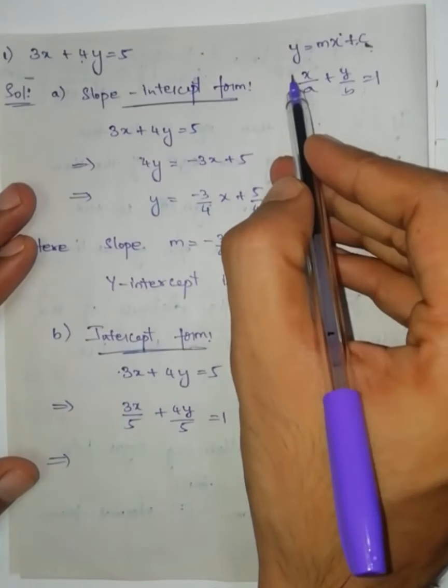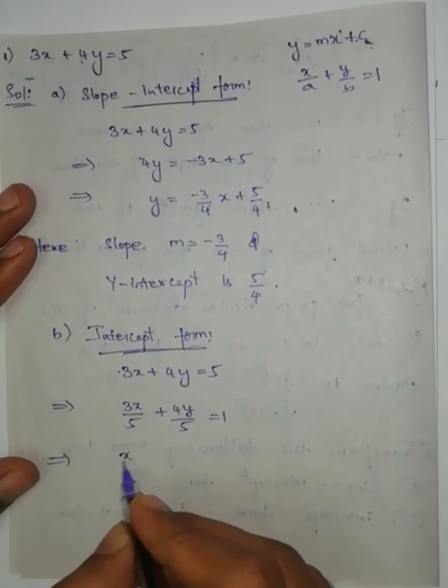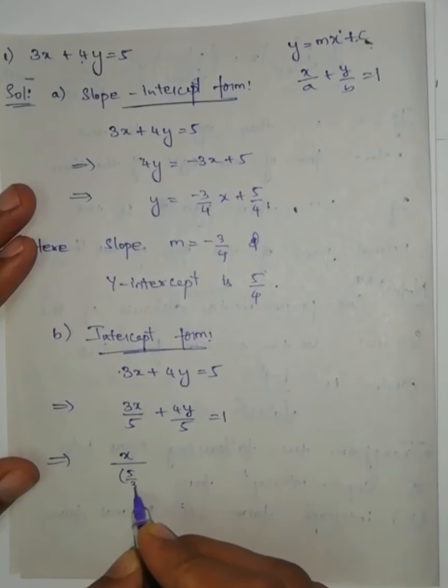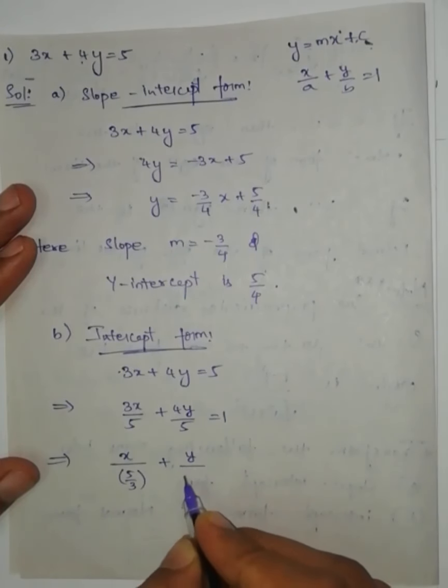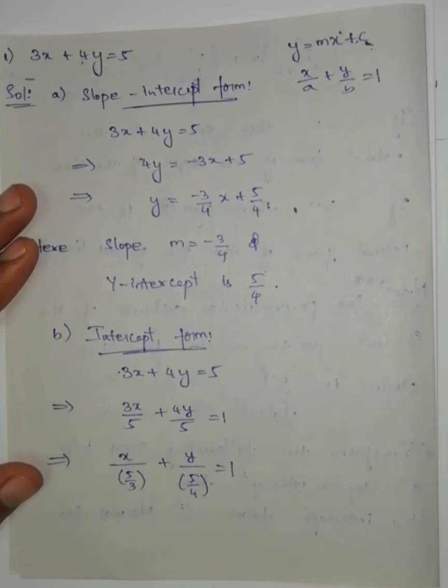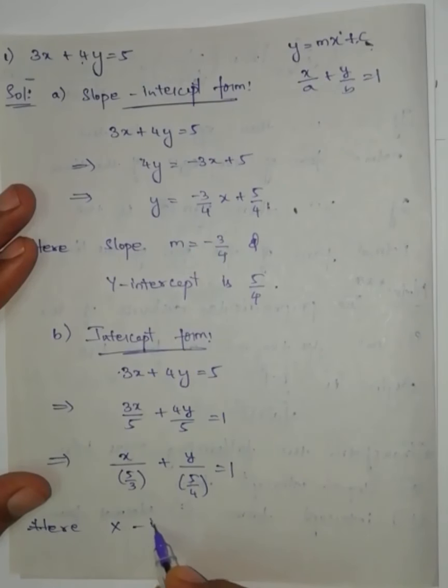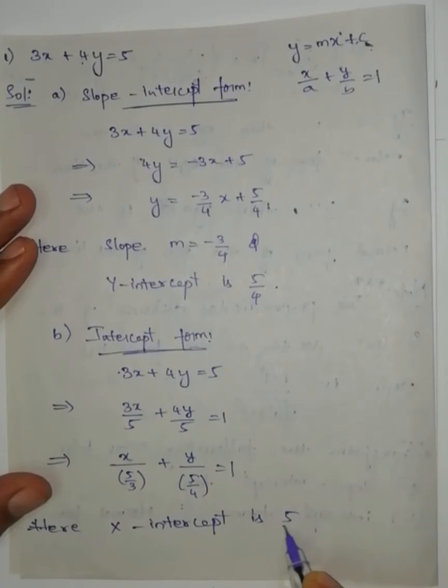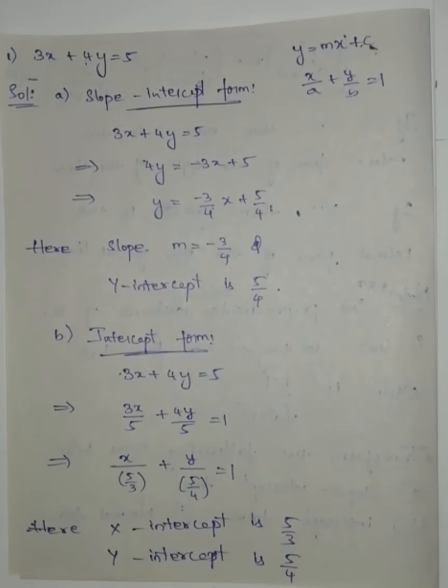Now I have to make the x coefficient as 1. So x by 5 by 3 plus y by 5 by 4 is equal to 1. This is the intercept form. Therefore, here x-intercept is 5 by 3 and y-intercept is 5 by 4.